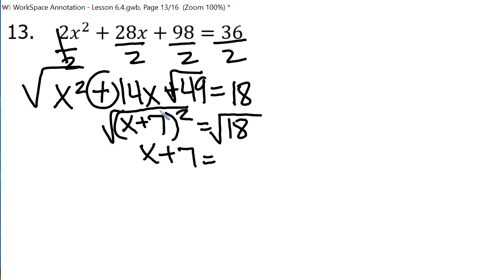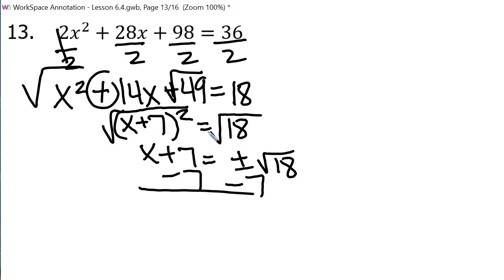And how many answers did you have? 2. So you need plus or minus square root of 18. To get the x by itself, what's the opposite of add 7? Subtract 7 from both sides. So x equals negative 7 plus or minus square root of 18.